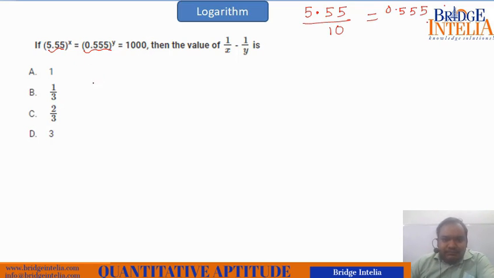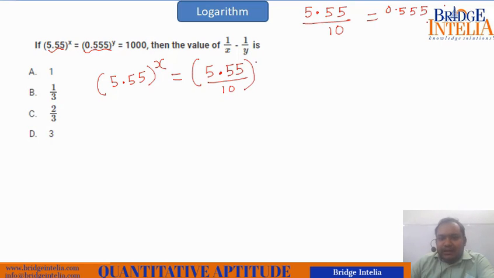It is given to us that 5.55 whole to the power x is equal to 0.555 to the power y, which is equal to 1000, which is equal to 10 cube.